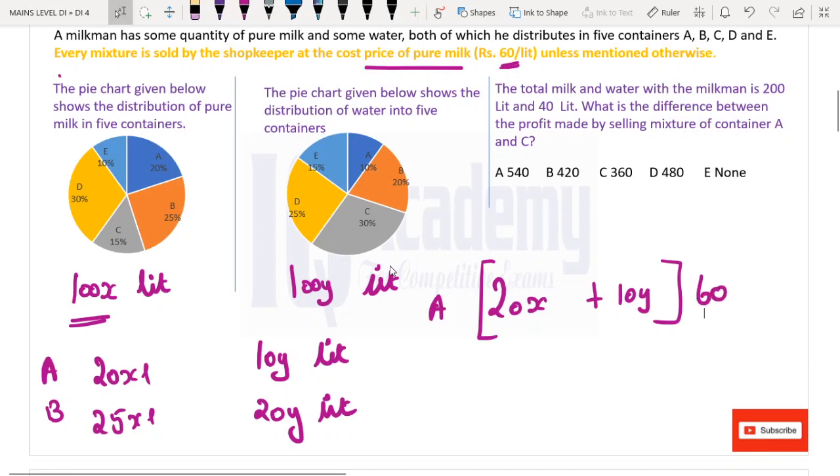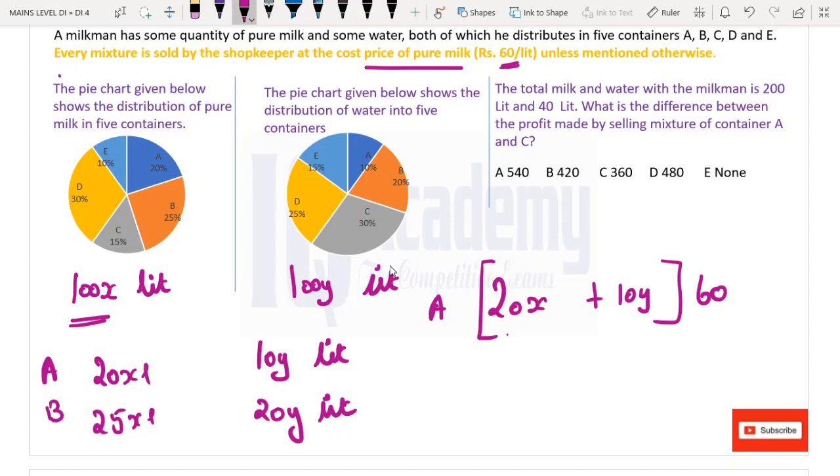So the total selling price is (20x plus 10y) into 60. When he sells the mixture of container A, he will be getting a total amount of (20x plus 10y) into 60.